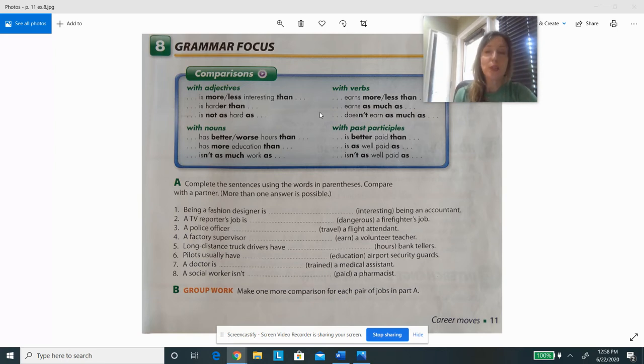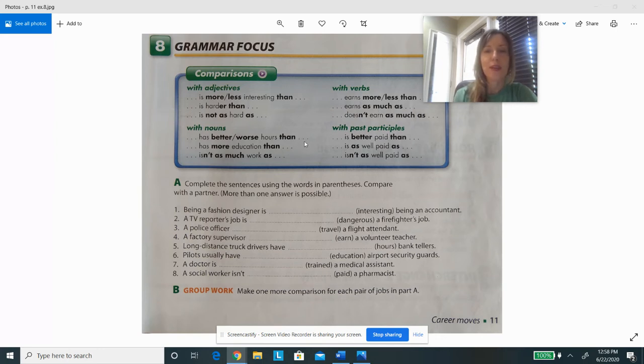All right, so what you want to do is follow the patterns in these sentences, inserting your adjective or noun or verb or participle in the same place. So I think most of this is self-explanatory.